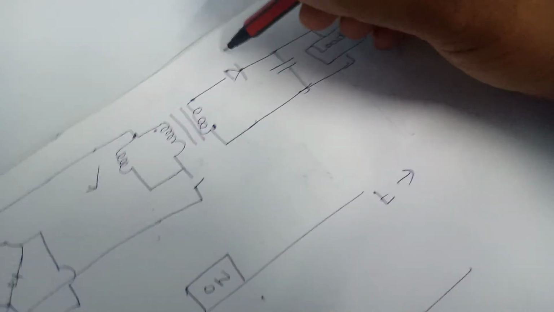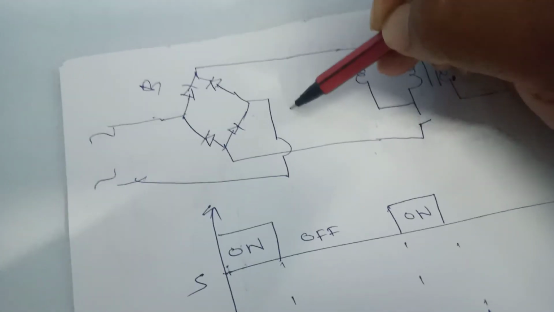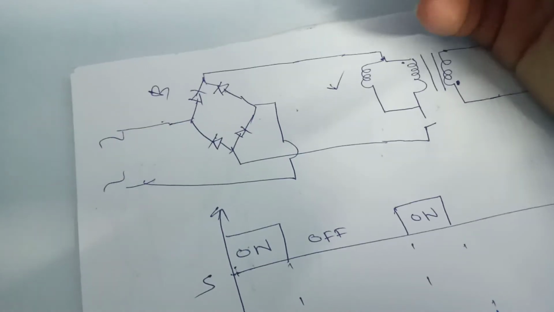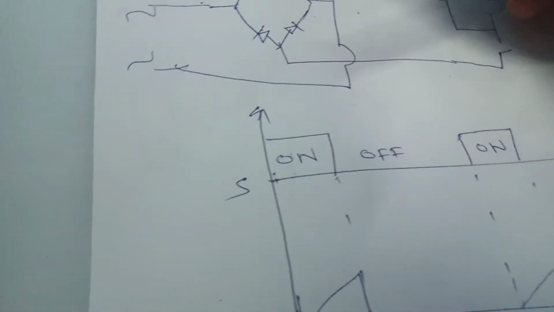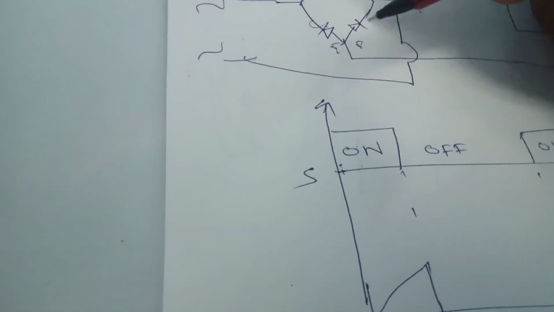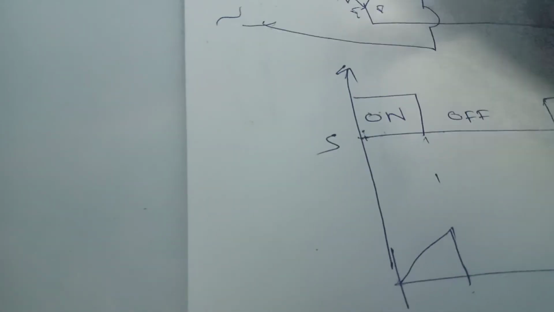This is the diode, this is the capacitor, this is the bridge rectifier. I already uploaded a video on how a bridge rectifier works. This is anode, this is cathode, this is anode, this is cathode. The cathode is DC plus, and the anode is minus. You can take it either way, no problem.